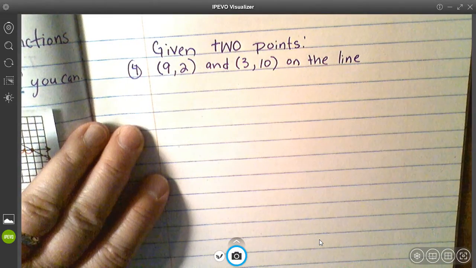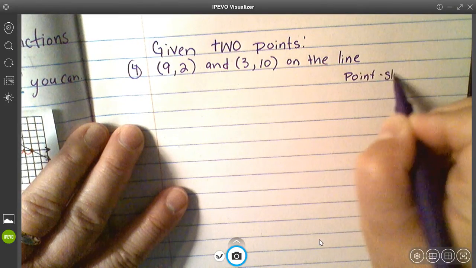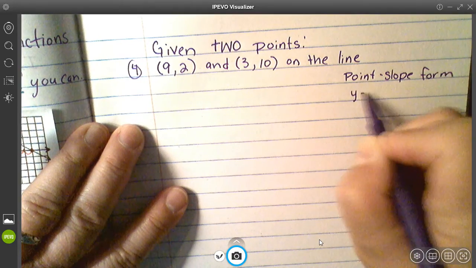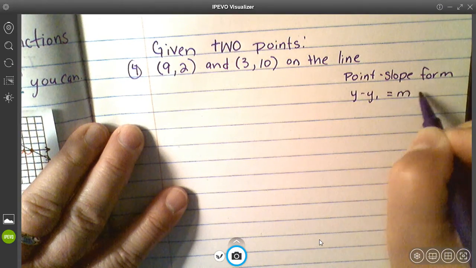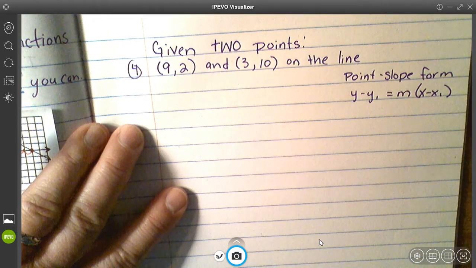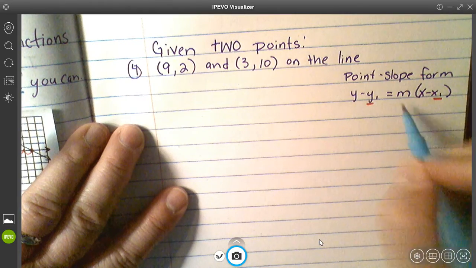Okay, so for point slope form, y minus y1 equals m times x minus x1. Don't forget that we need our point and our slope.